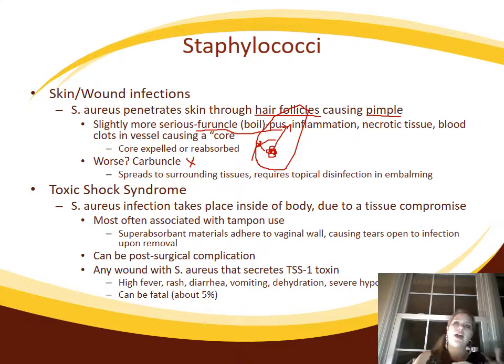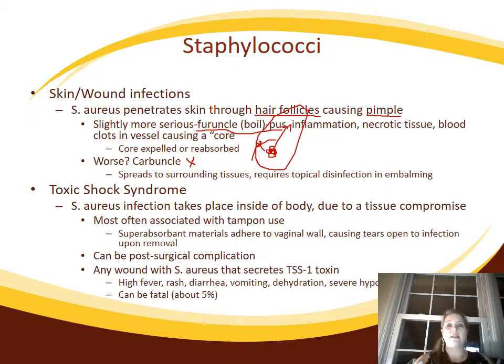And that adhesion, when you pull the tampon out, causes rips or tears in that vaginal wall. And then any insertion of anything else, like a new tampon or the applicator for a new tampon, can introduce the staph infection into that area, and that broken skin is susceptible to that.